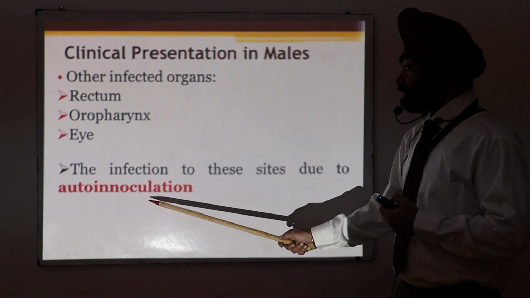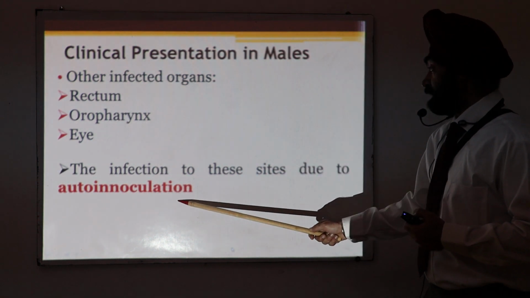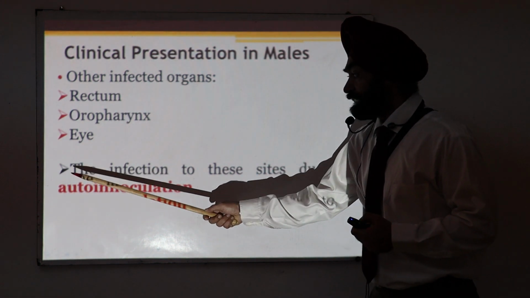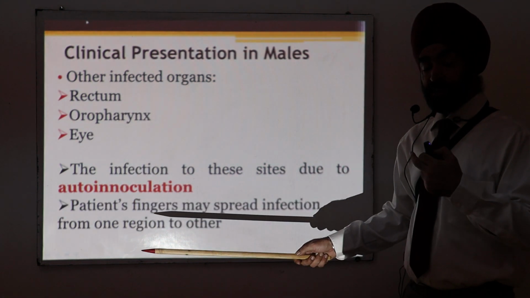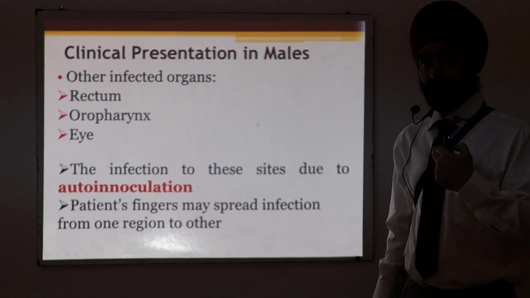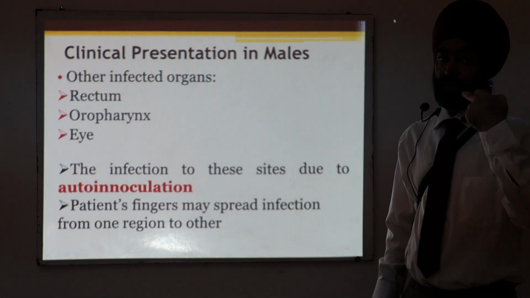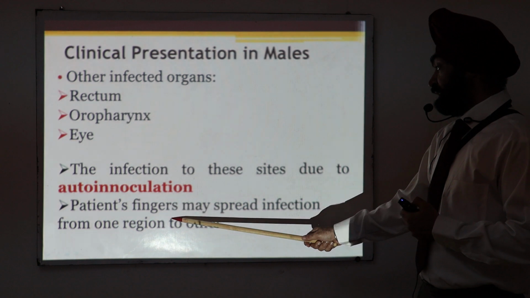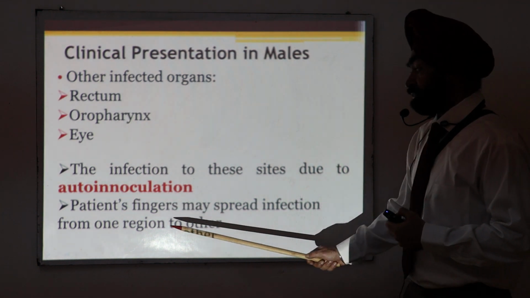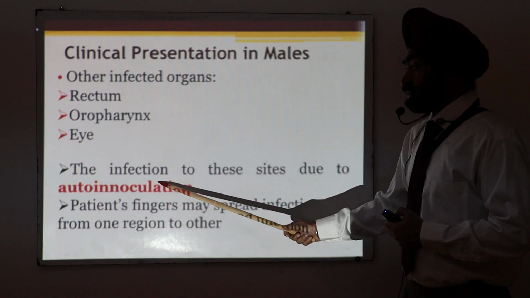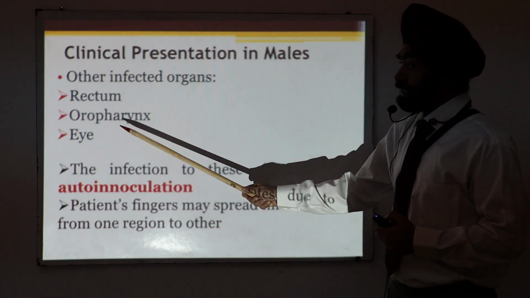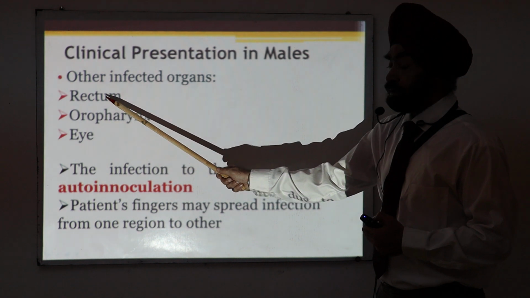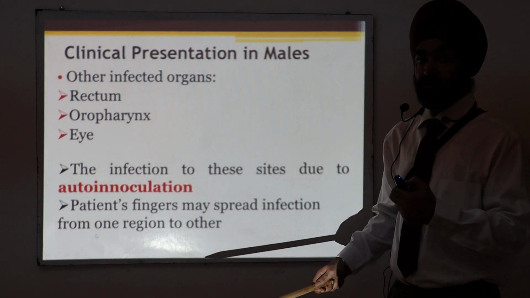It is because of auto-inoculation. Auto means self, inoculation means passing. That means the patient's fingers transfer the bacteria from one region to another. This is how the infection may reach the eye, oropharynx, or rectum from the urethral region.